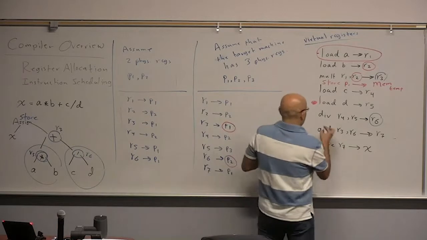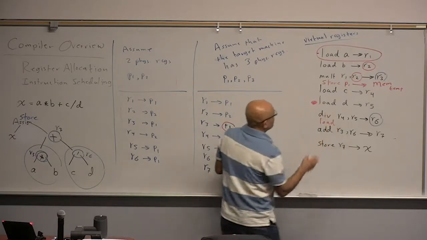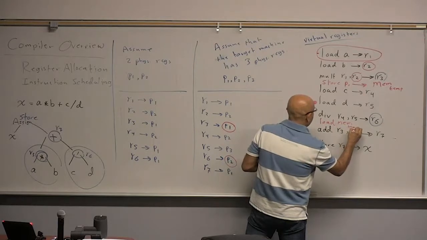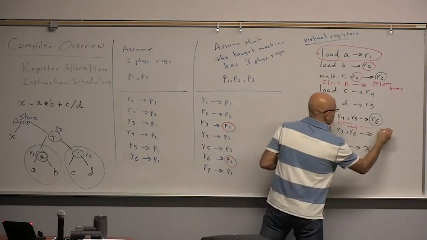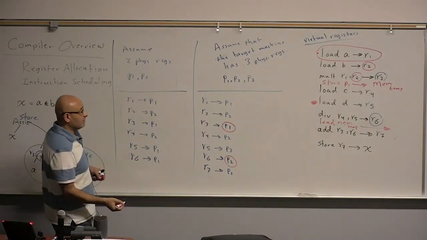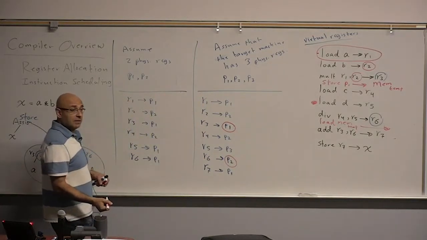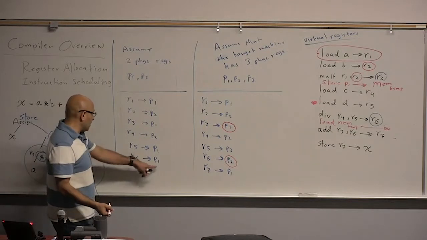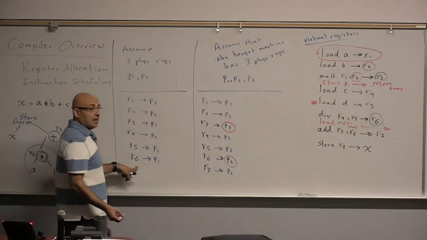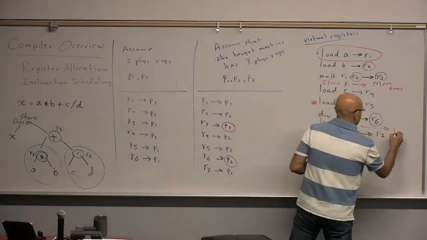So we load that temporary memory location. We store it into which register? What are the options that we have? We only have one option. P2, because P1 has R6 in it, and we still need R6. So the only option that we have is P2.